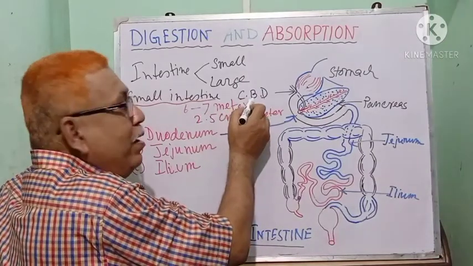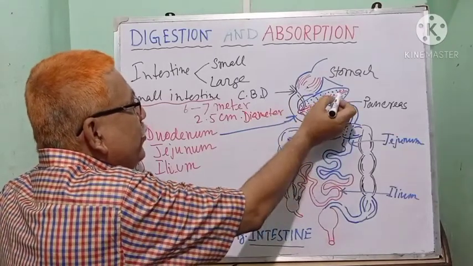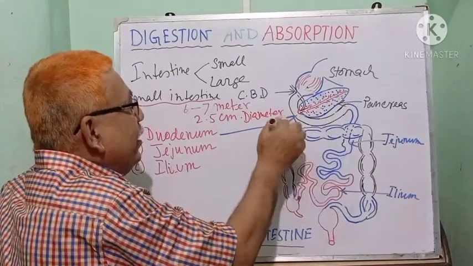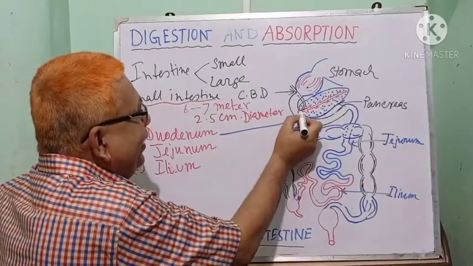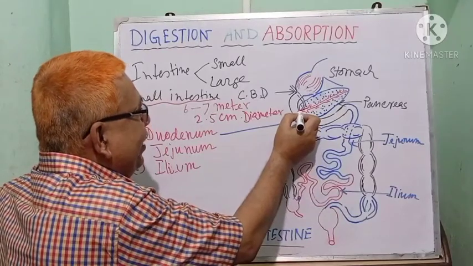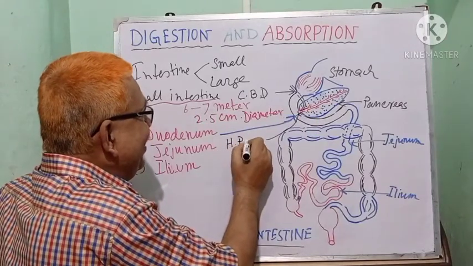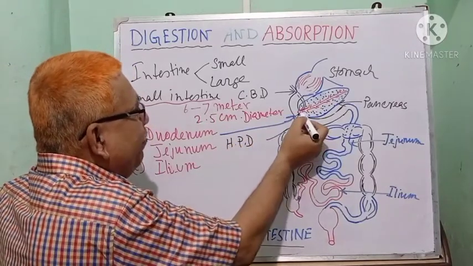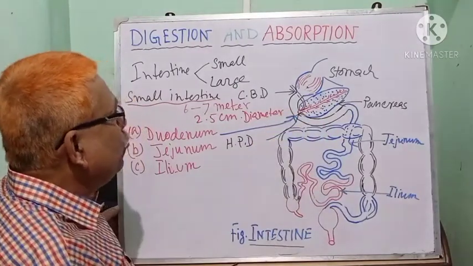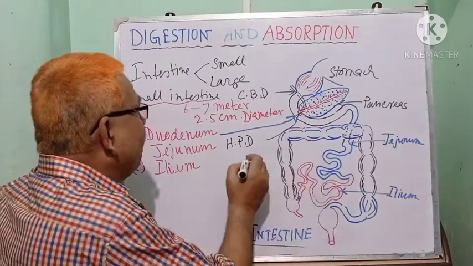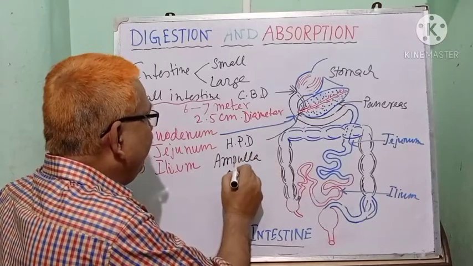The common bile duct and the pancreatic duct unite to form the hepatopancreatic duct, and this hepatopancreatic duct opens into the duodenum through the ampulla of Vater.